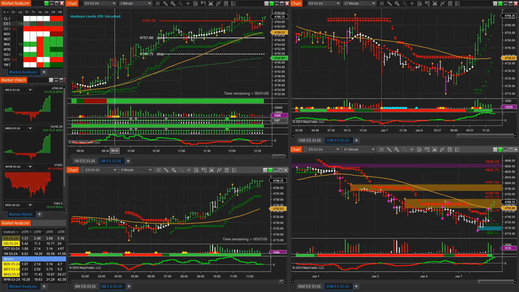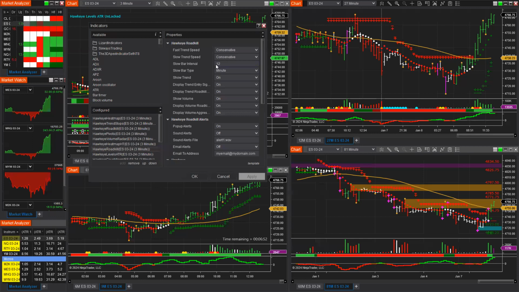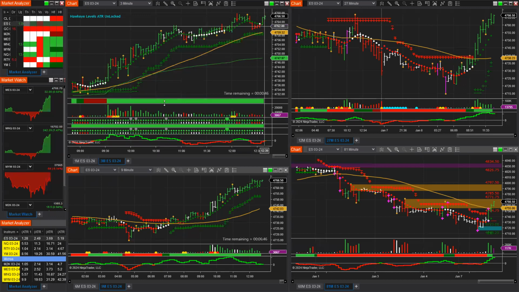So this 6-minute will show me an alignment at that point. This roadkill trend is based upon a 12-minute. Okay, so I doubled the current time frame and I doubled it as well, showing this chart. The higher time frame charts I trade off of are tripled, 9-minute and 12. The trend and stops, I always have them set to normal.